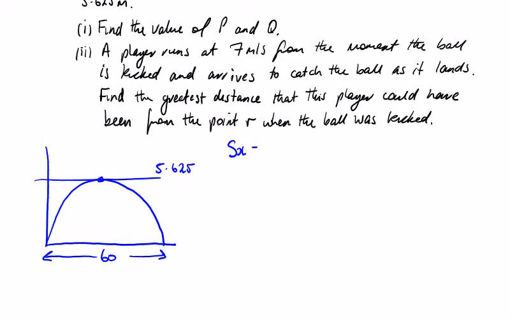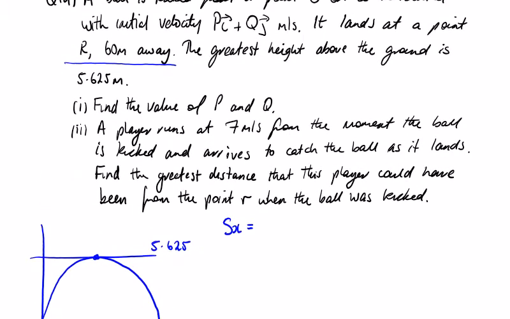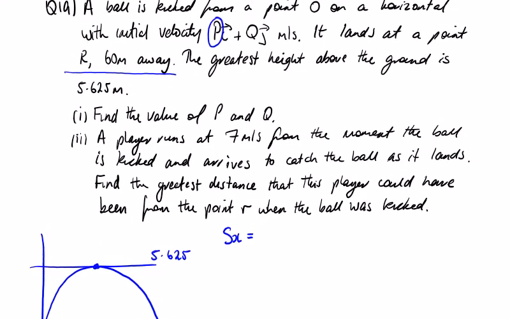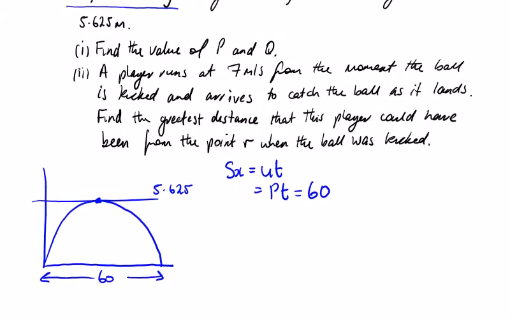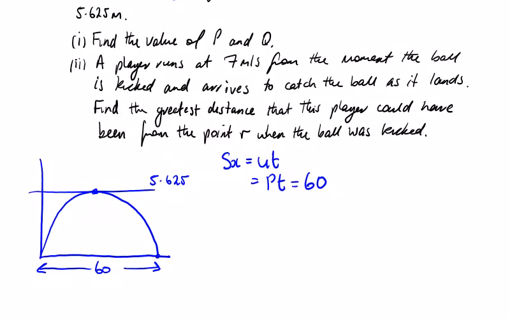Okay, well, let's look at our 60 first. The displacement in x is equal to my initial velocity times t, ut. So in this case, pt is equal to 60. So that gives me one equation. I could also find this value in the displacement in y, which is equal to 0 at this point.